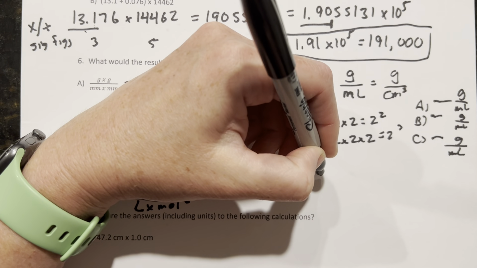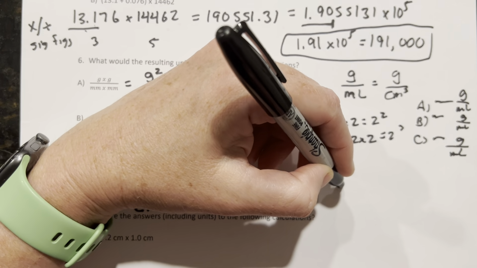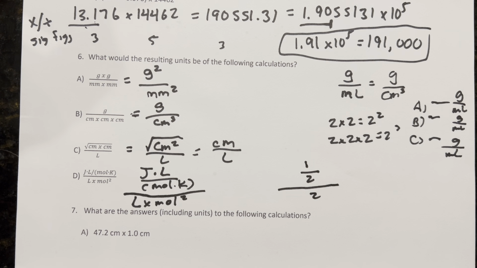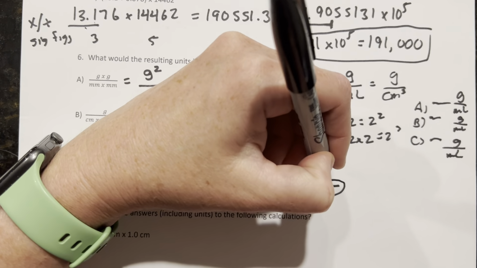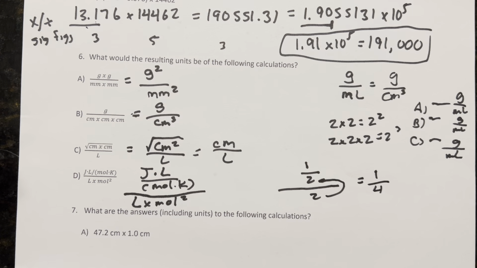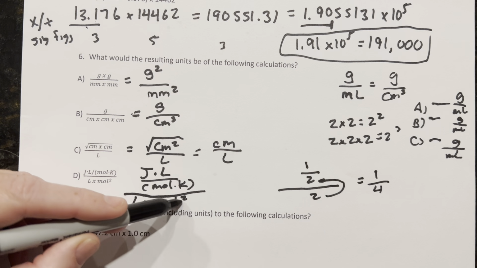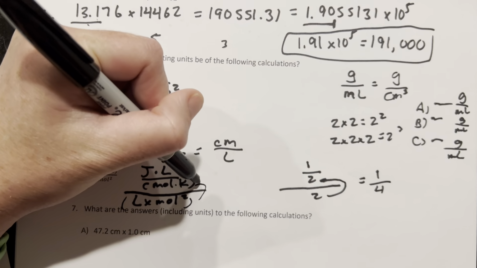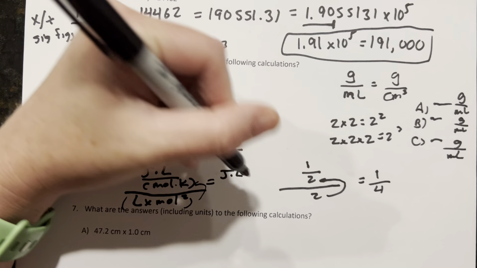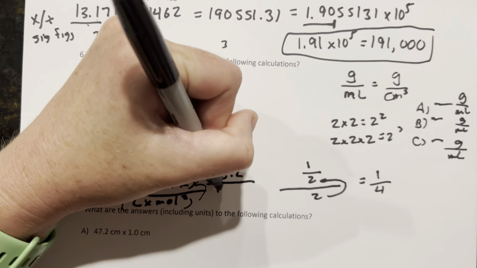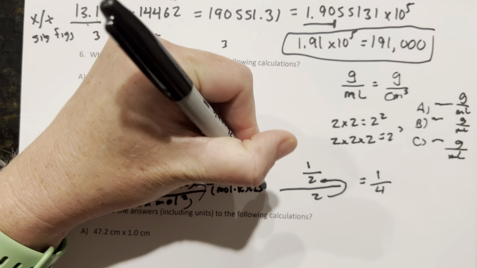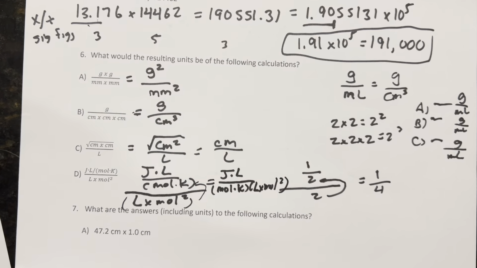For example, if you have 1/2 and you divide it by 2, if you have a half of something and you divide it by 2, you get a 1/4, right? In other words, you can see that number goes over here and multiplies. That equals 1/4. And the same thing over here. This number right here will come up here. And so now we've got joules times liters over mole K times liters times mole squared.